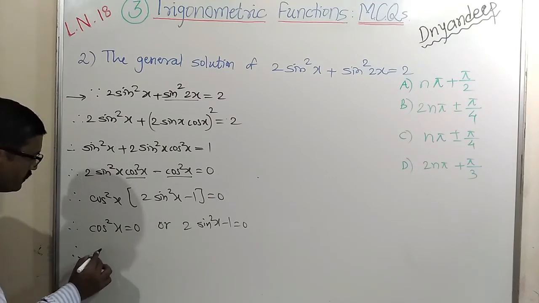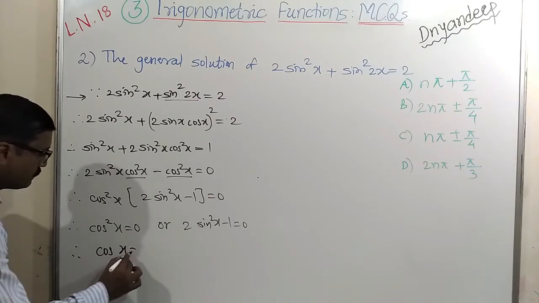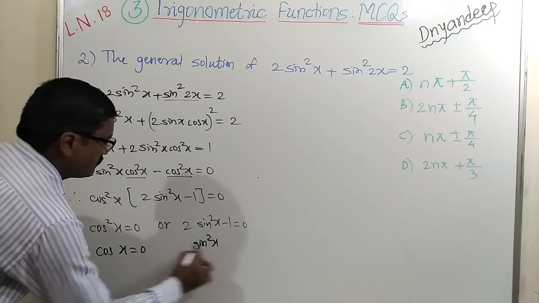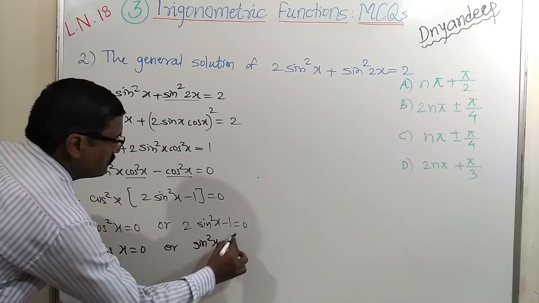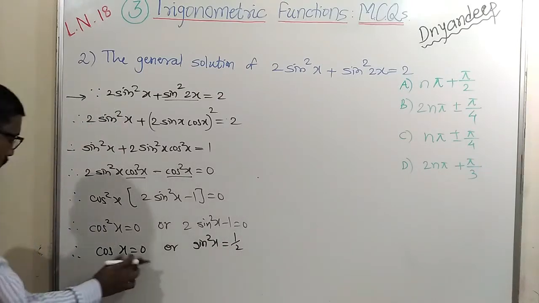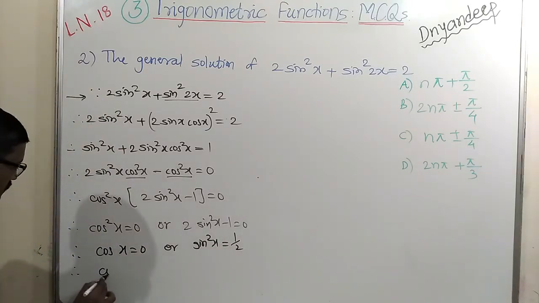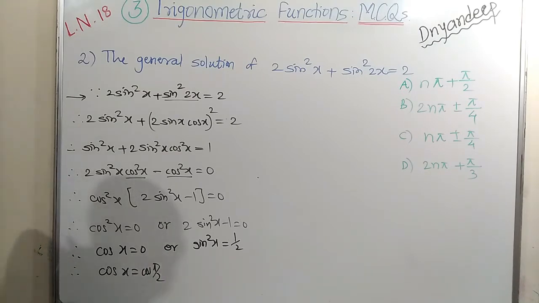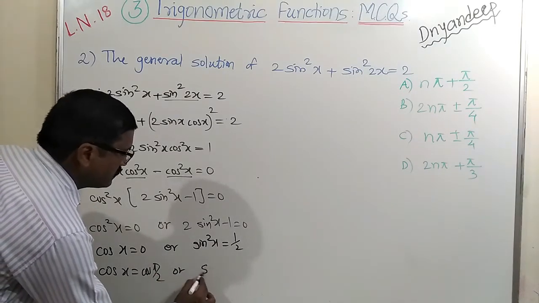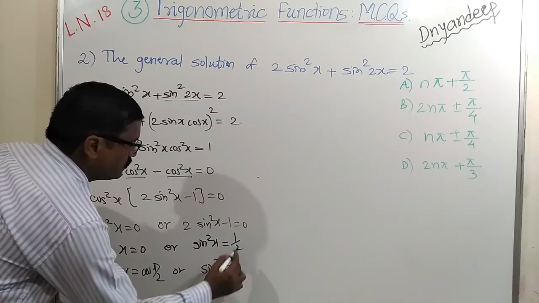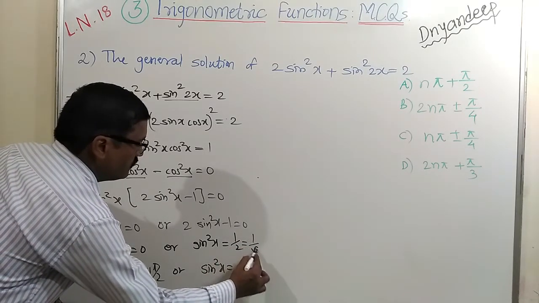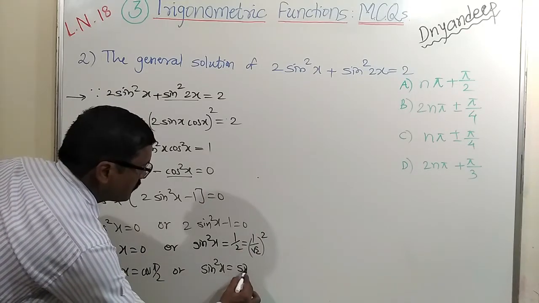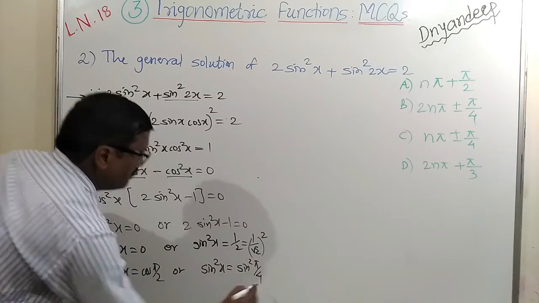Therefore cos x equal to 0 or sin square x is equal to half. Here cos x equal to 0 means cos x equal to cos pi by 2, or here you get sin square x equal to 1 half means 1 upon root 2 bracket square, and that is nothing but sin square pi by 4.